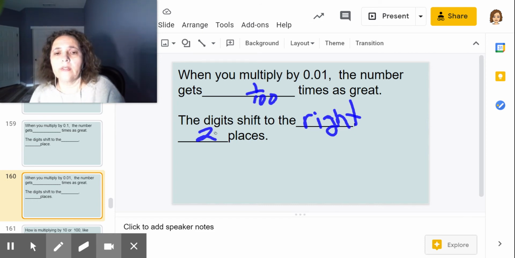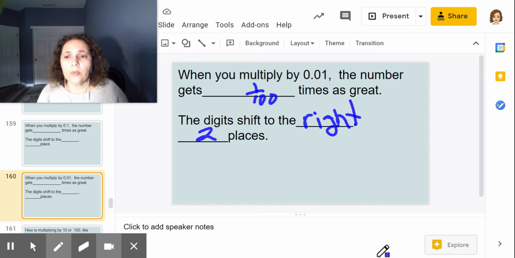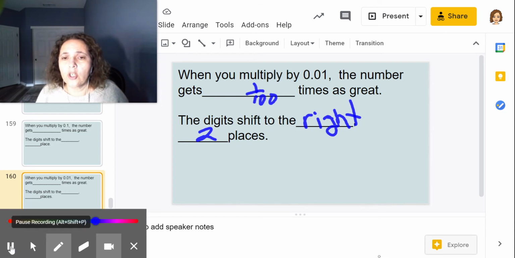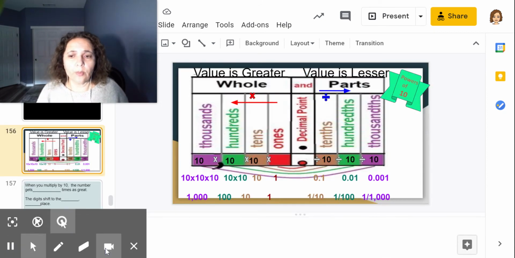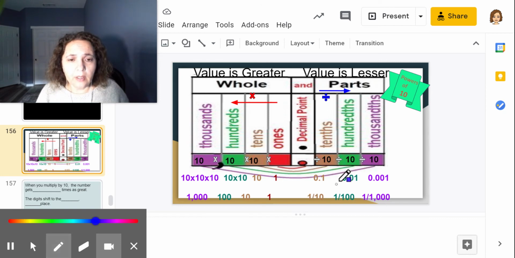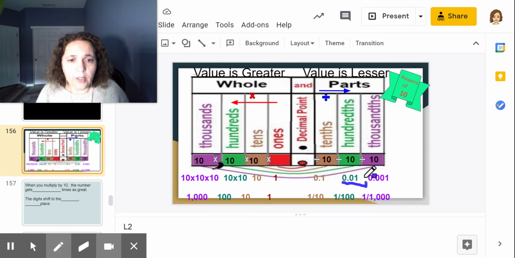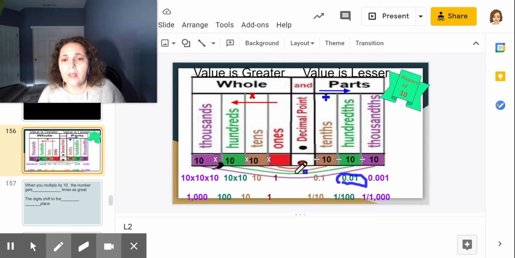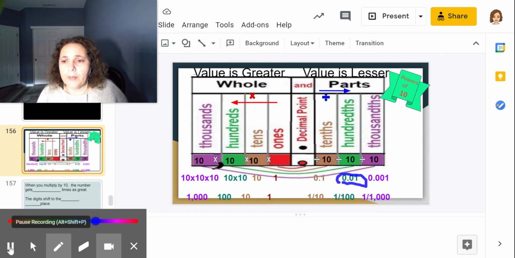Good, 2 places. Yes, so shifting over 2 places. And if we look at our place value chart here, right here, 100th. So it's 2 places over. So it's like dividing by 10 two times, divided by 10, divided by 10. Okay. So it's the opposite.